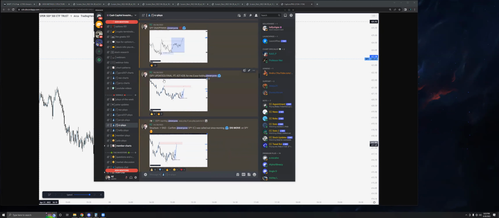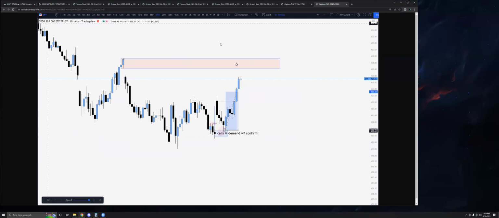So let's go on the updates. Look at this. SPY updated final price targets, and look at that run. We started over here, this was 417.69. It's all the way at 425.